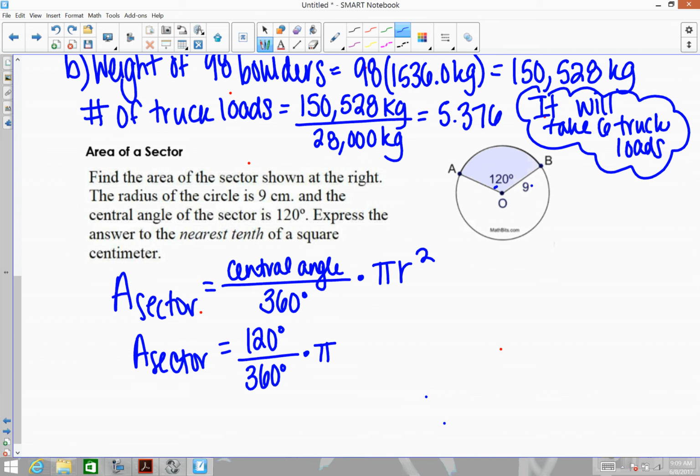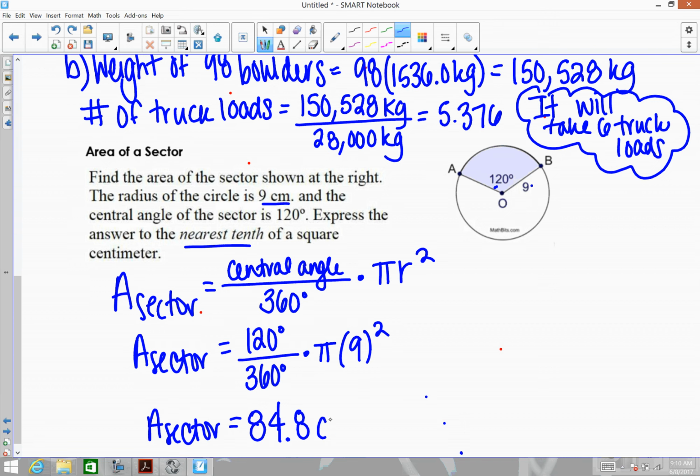Times pi, radius 9 squared, and then we put all of this in our calculator, rounding to the nearest tenth. We enter everything, including pi, and we get 84.8. We're talking about centimeters, so it's going to be centimeters squared since it's area. And that's it for that one.